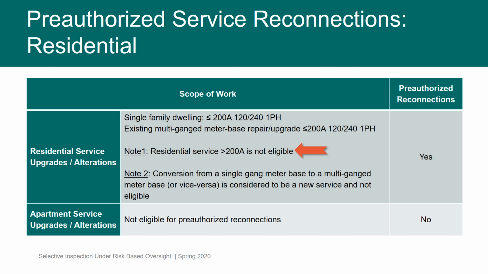Please note that residential services greater than 200 amps are not eligible for pre-authorized connections. In addition, conversion from a single-gang meter base to a multi-gang meter base or vice versa is considered a new service and is not eligible for pre-authorized connections. Apartment service upgrades and alterations are not eligible for pre-authorized reconnections.